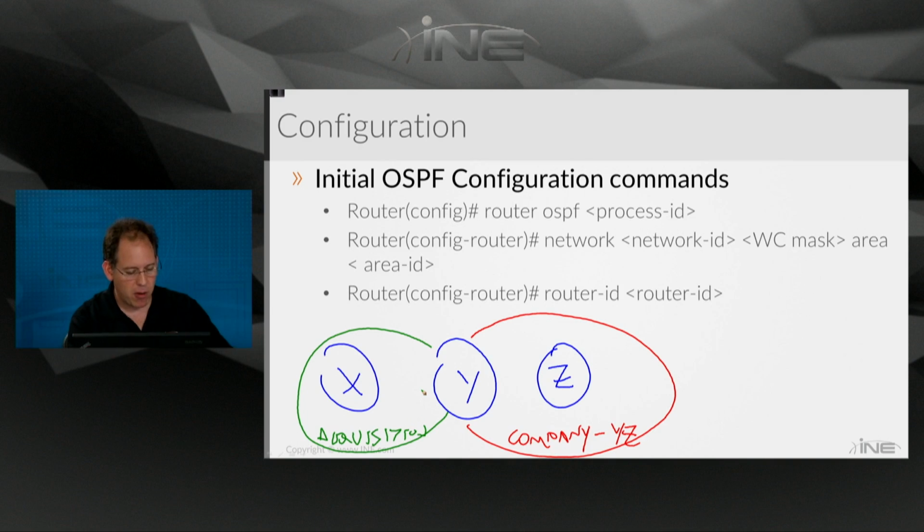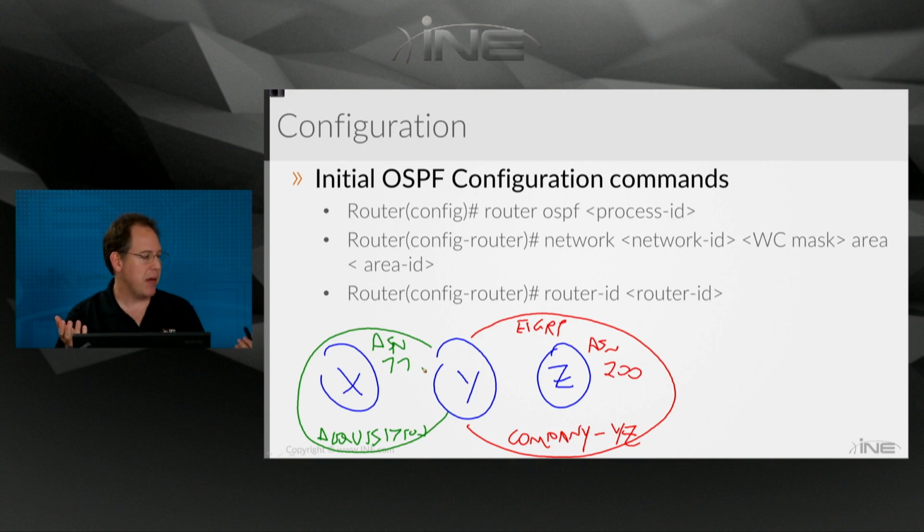And maybe we were already doing EIGRP in company XYZ, or I should say YZ, and previously we were using autonomous system number 200. So all of the routers here were using 200. All of a sudden this new acquisition we have, well, they were also using EIGRP, but they were using autonomous system number 77.